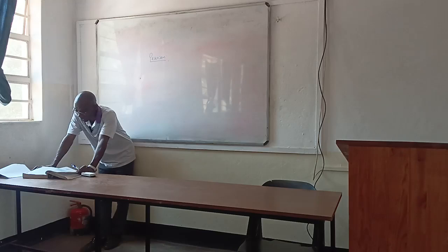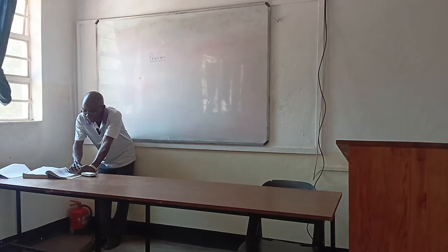I'll just read and you just follow. For grouped data, the median is the half value. Since there are 125 observations, where are they taking it from?